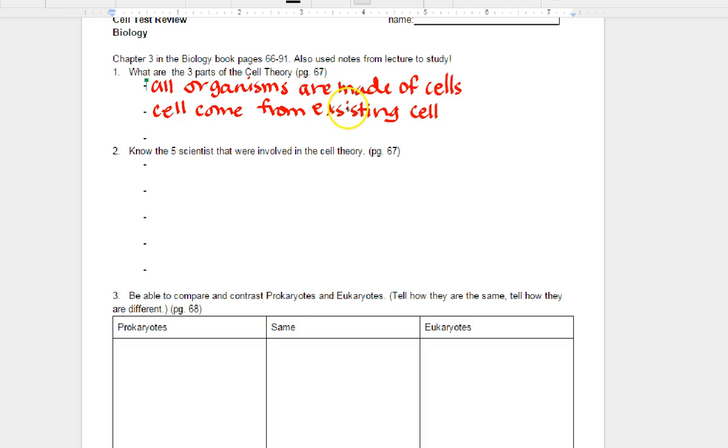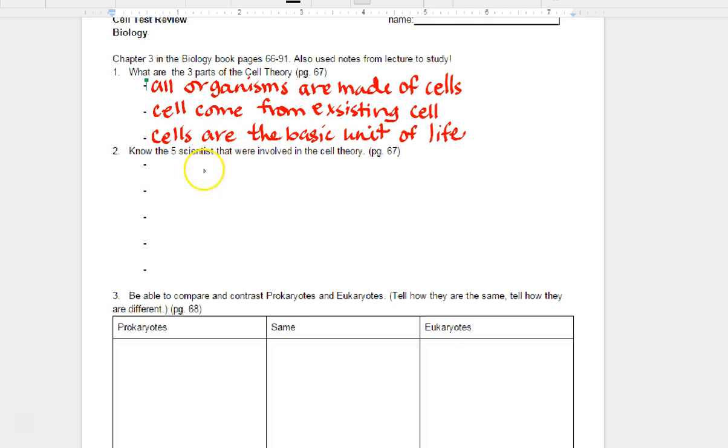Hopefully you remember talking about that in middle school. The last one is that the cell is the most basic unit of life. So cells are the basic unit of life.